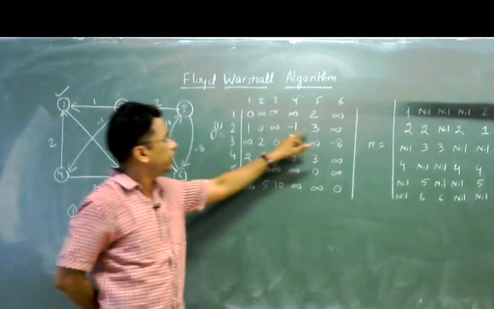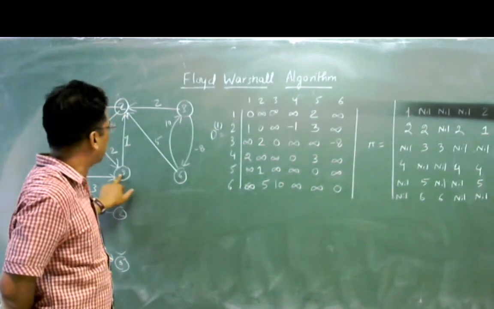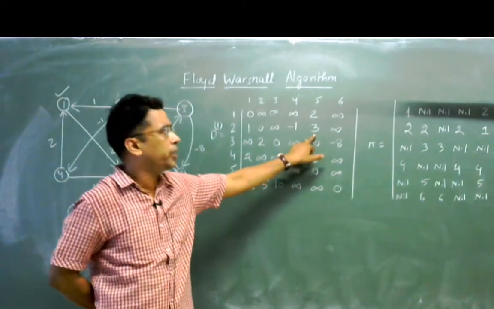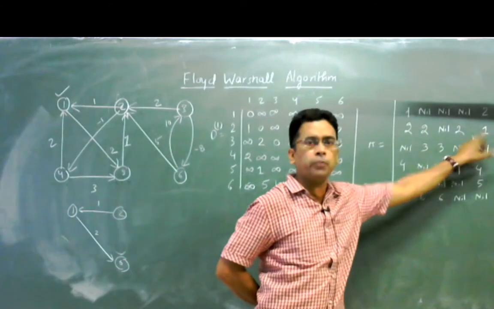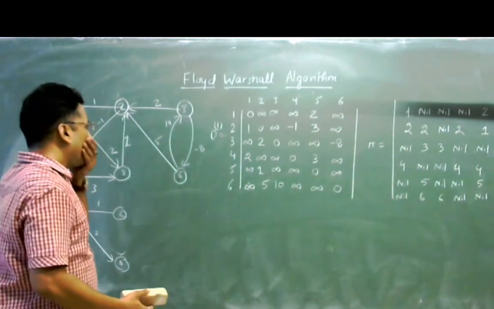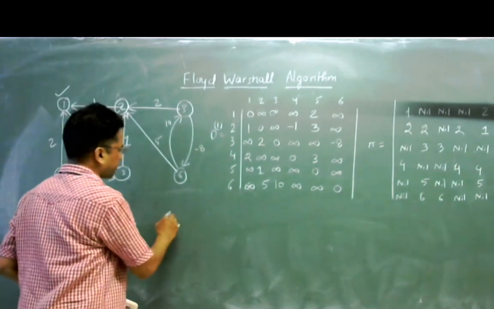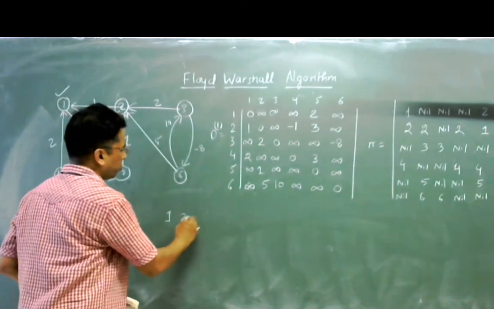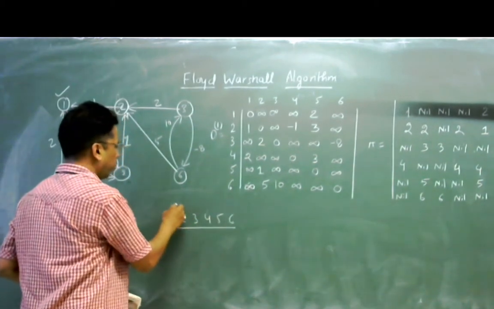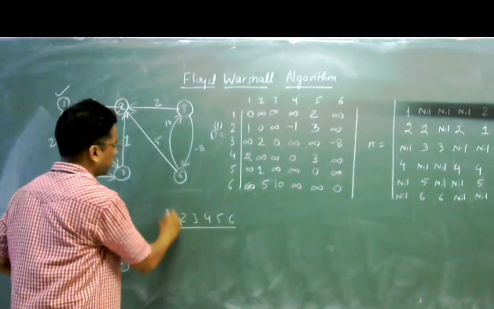It updated and found a new path to access node number 5, which was not accessible earlier, and it updated the value from infinity to 3, and the corresponding position in the pi matrix was updated by node number 1. Now we have used node number 1, right? 1, 2, 3, 4, 5, 6, so we shall reach up to the 6th matrix. 1 has been used, now you have permission, 1 has been used free.